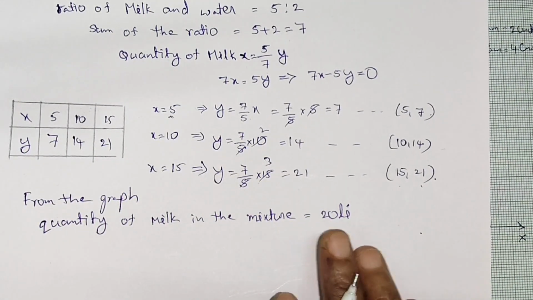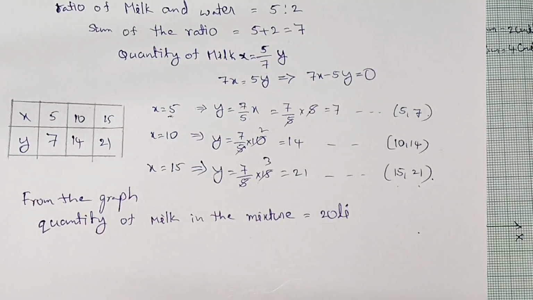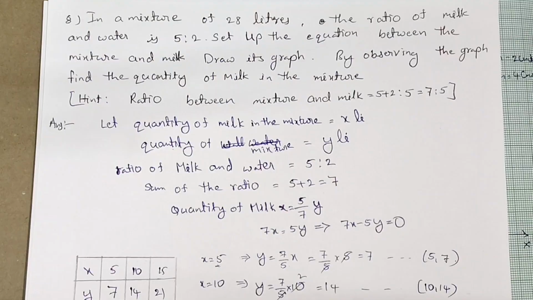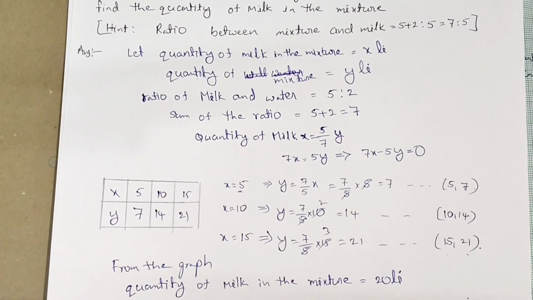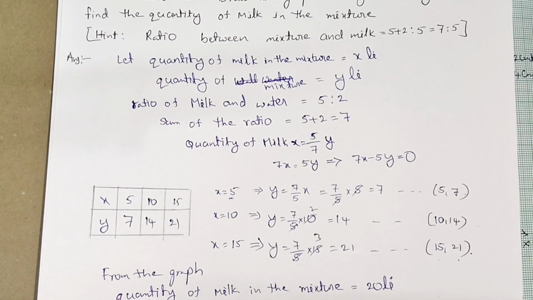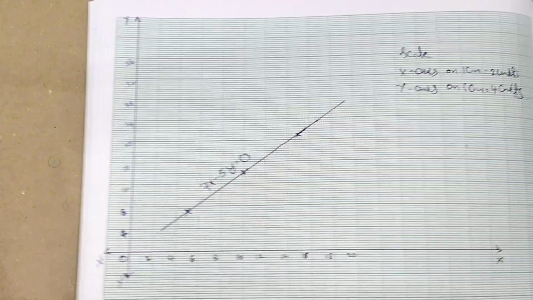Milk is 20 liters and water is 8 liters. This is the complete answer to the 8th question, and this is the graph of the 8th one.